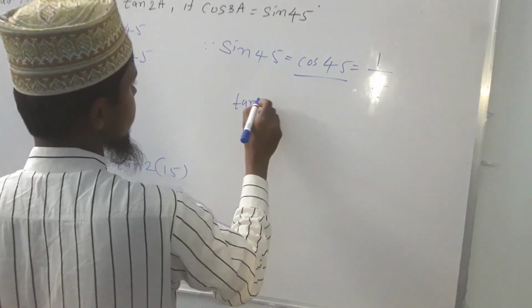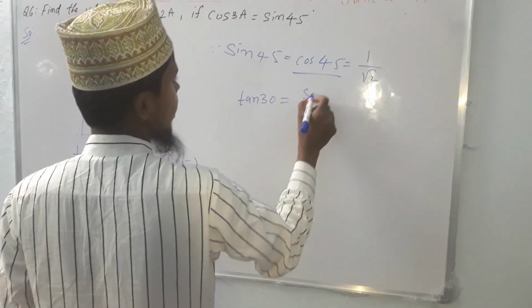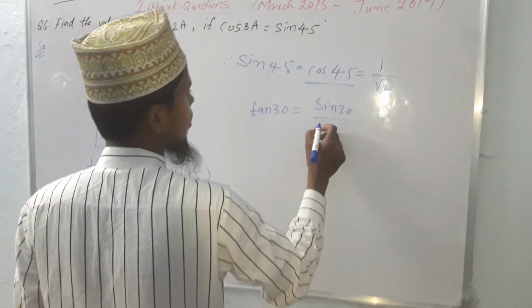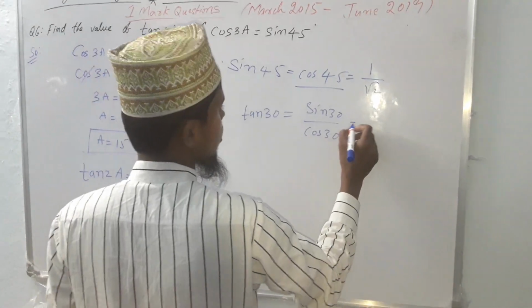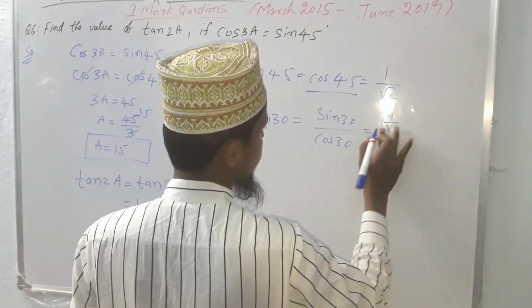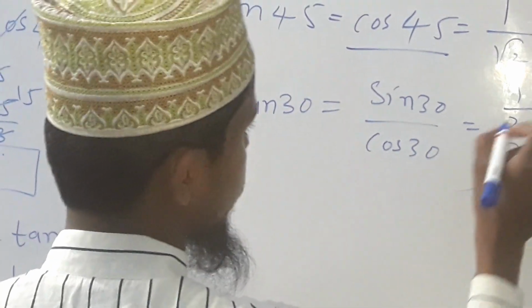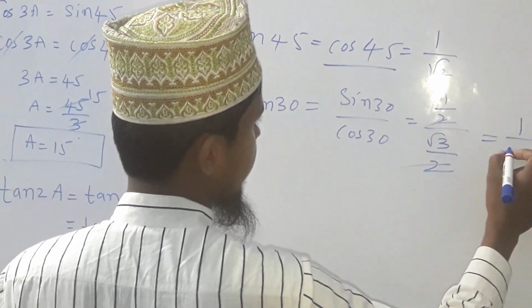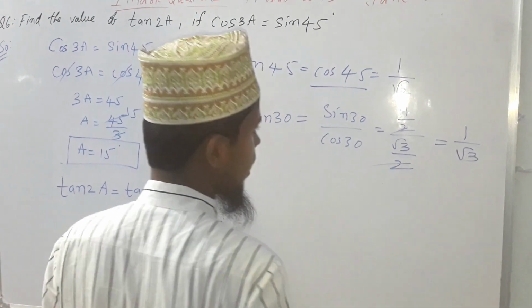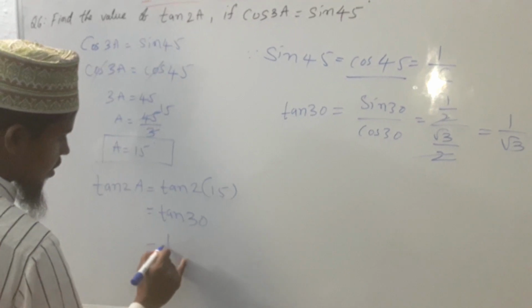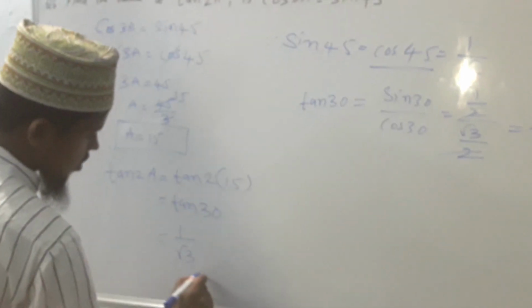What is the value of tan 30? Tan 30 is equal to sin 30 by cos 30. Sin 30 is 1 by 2. Cos 30 is root 3 by 2. The 2s cancel, then the answer is 1 by root 3. Okay? Answer is 1 by root 3.